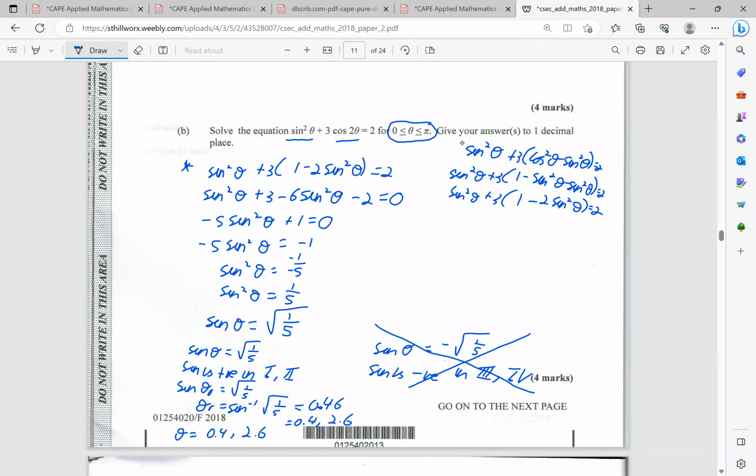Because it is in quadrant 1 and quadrant 2, that would be theta r and pi minus theta r. So that's 0.5 because you have to round off to 1 decimal place, and pi minus 0.5 is 2.6.